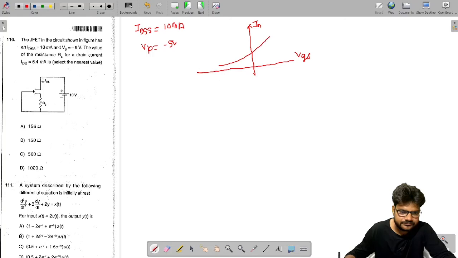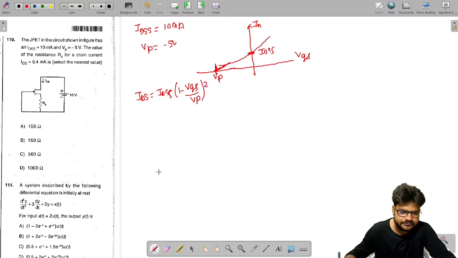Okay. So after Vp current starts flowing, right. So this is IDSS, drain to source saturation current. Okay. So Vp we are given, the value of the resistance Rs for drain current IDS equals to this. So drain current we are given, and we know the formula for drain current when it is in saturation, IDS equals to IDSS times 1 minus VGS by Vp whole square.